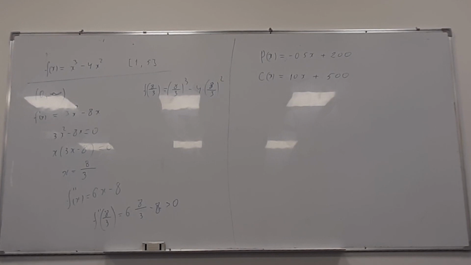How many items should the company sell to have maximum profit, and what is this maximum profit? So there are two questions.